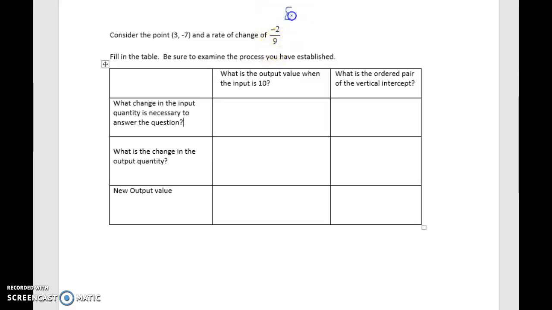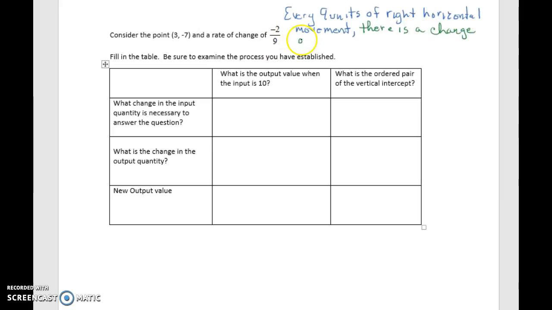And so for every 9 units of right horizontal movement, there is a change of 2 downward vertical units.